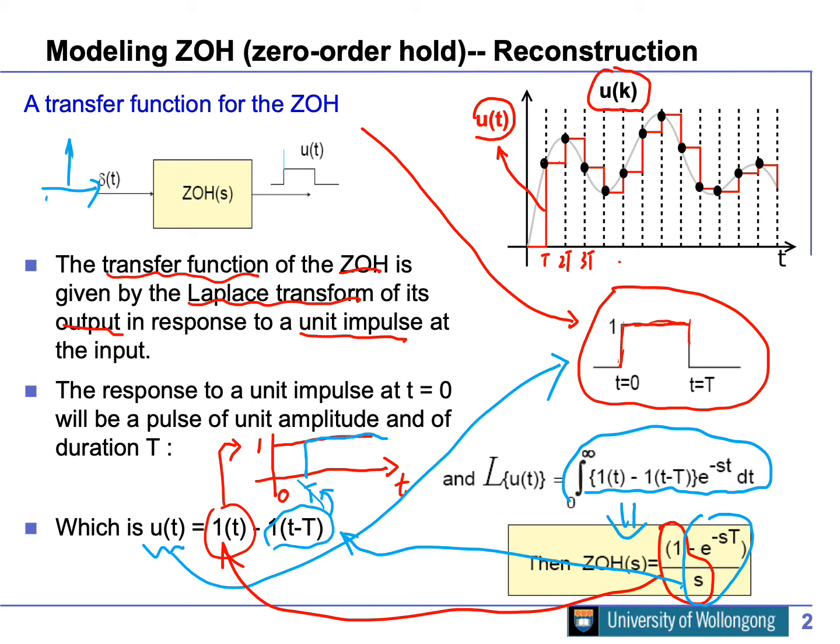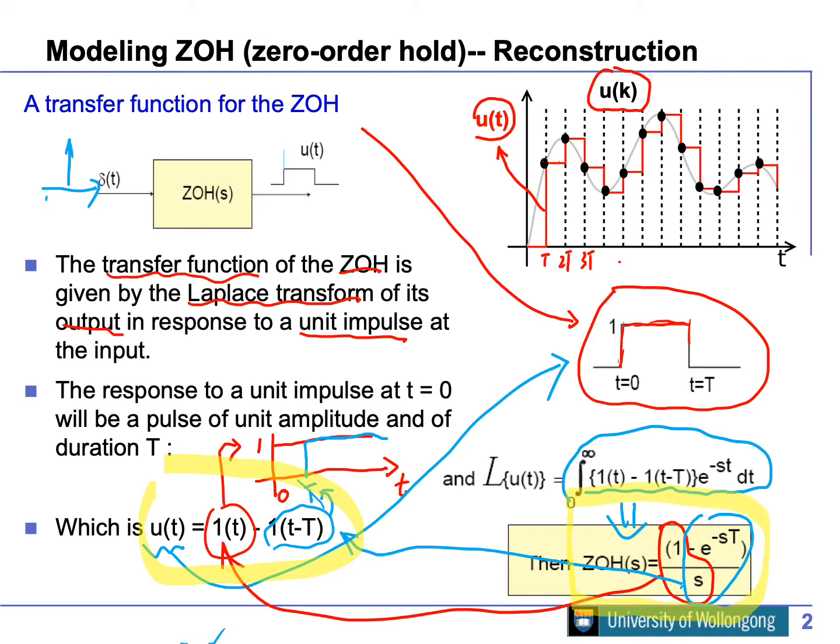So the zero-order hold can be represented mathematically by this, and when we take the Laplace transform, it is this.